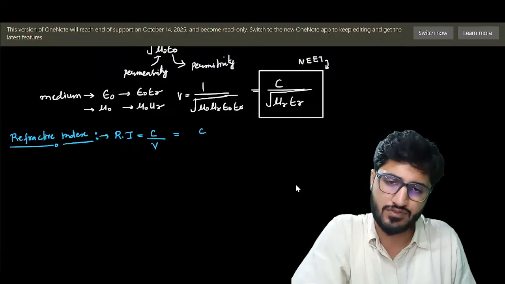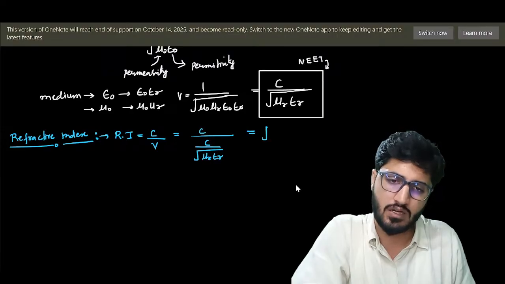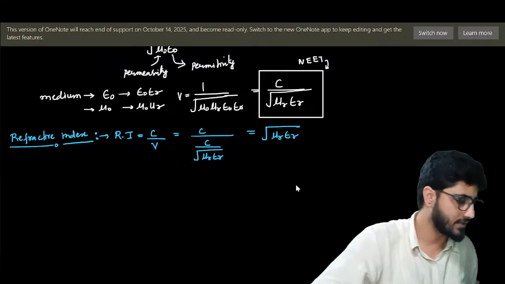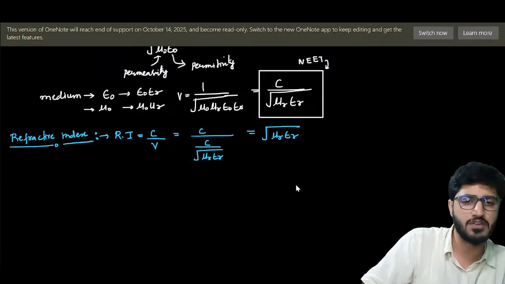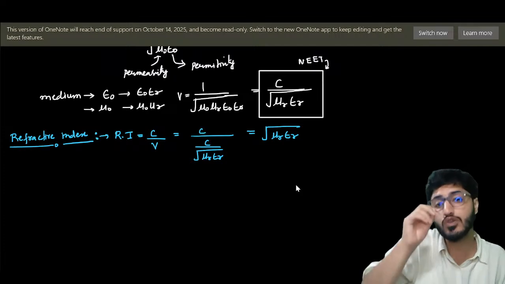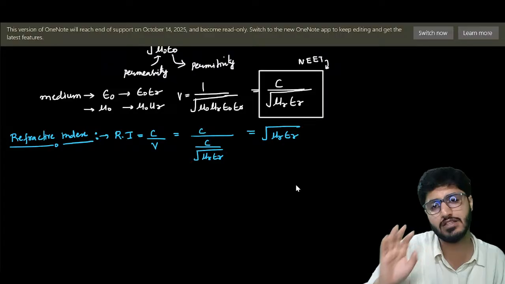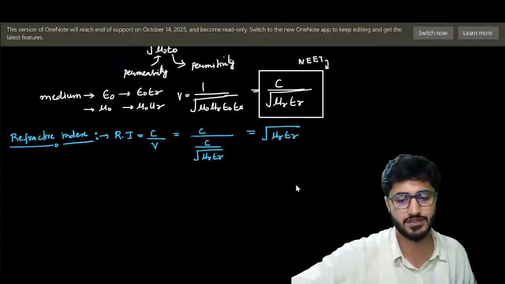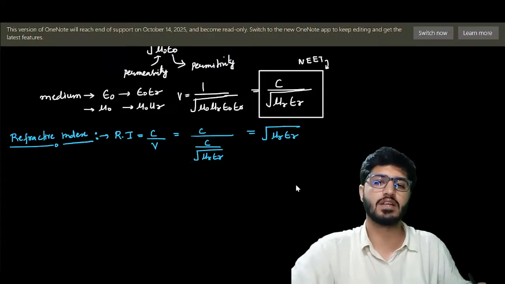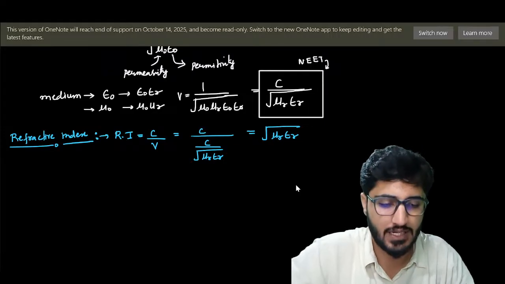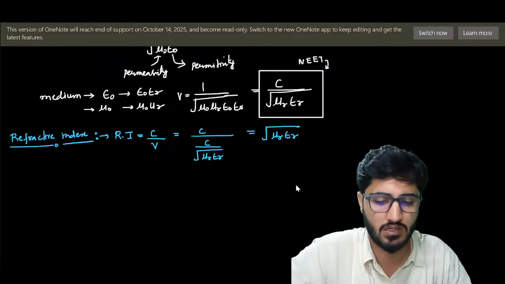So I can write c divided by c over the square root of mu r epsilon r, which comes out to be the square root of mu r epsilon r. These are some equations that you need to remember for your examinations. Directly you will get a numerical like this in your examination. So refractive index equals the square root of mu r epsilon r. Done?